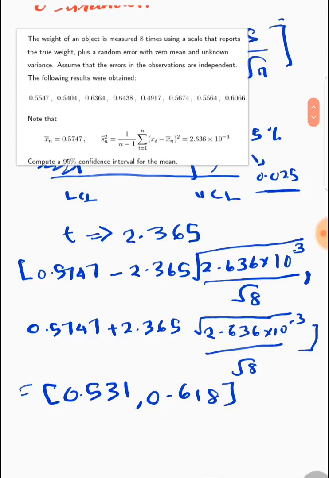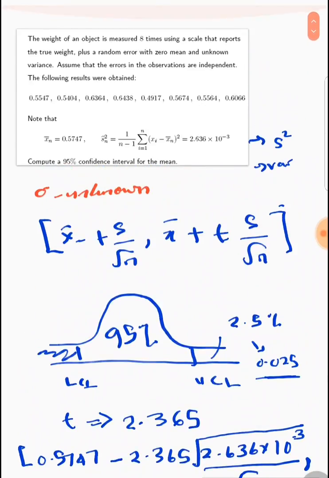Do remember that it is the same formula: even when sigma is known, we just replace this t with z, and this with sigma. I hope you're very clear with this, because this information will be important for our next topic later, significance testing.